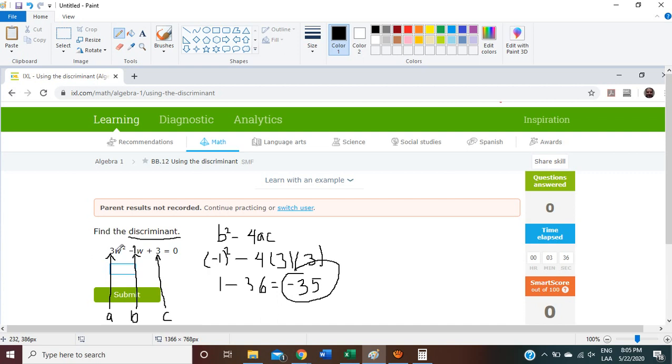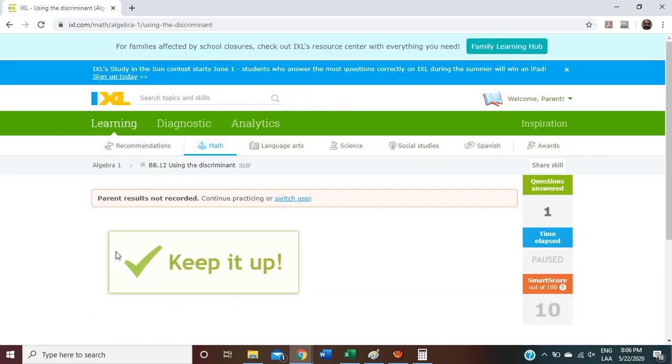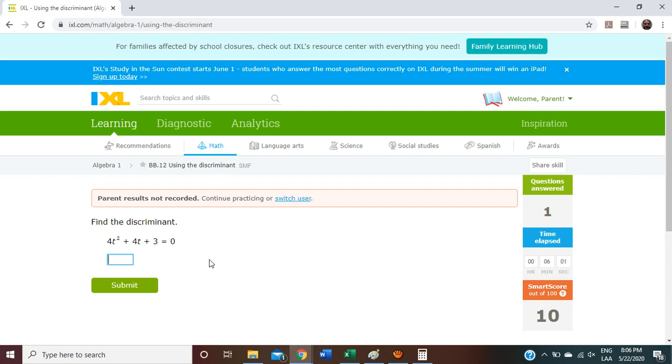In other words, we're never going to find a real answer. So the discriminant here is negative 35. Submit. Okay. Next one.